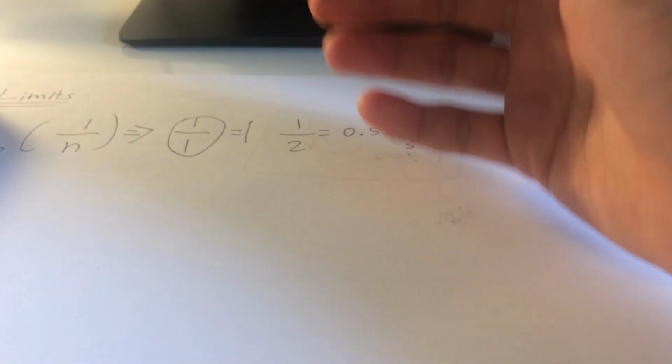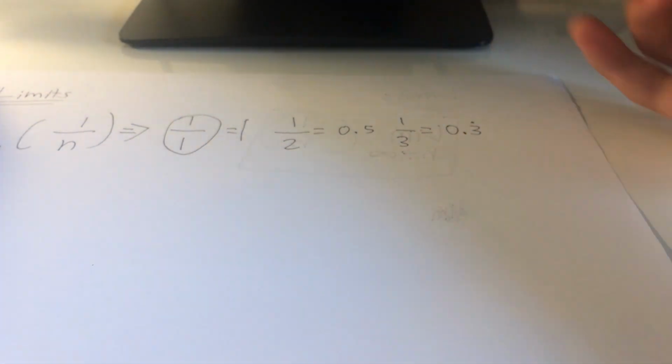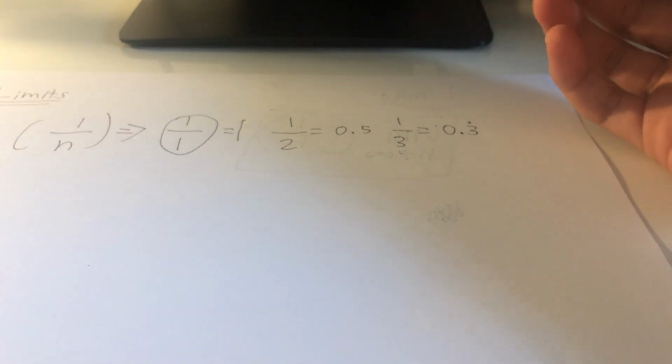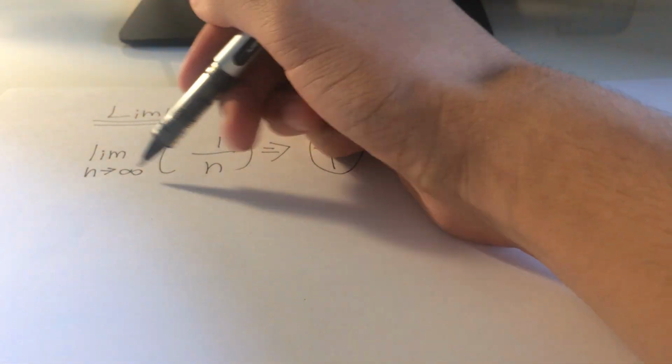But the point is, this shows that as you increase n, the value of this function is going to be closer and closer to 0. It's never actually going to be there, because you can't divide 1 by infinity, because infinity is not a number, it's a concept. So that's what limits are for.